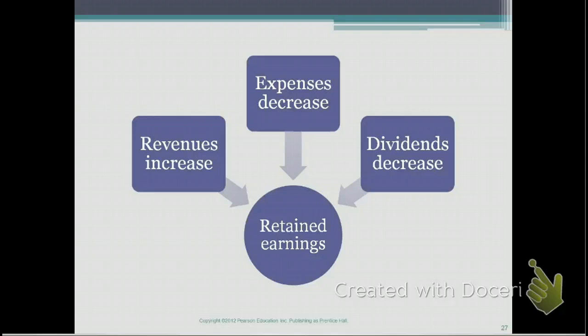Same thing with dividends. If we have to pay something back to our shareholders as a return on their investment, that will decrease the amount of profits we have in our retained earnings. So you do need to know the relationship. Revenues increase retained earnings, expenses decrease retained earnings, and dividends decrease retained earnings.